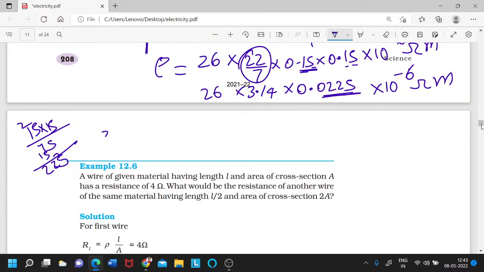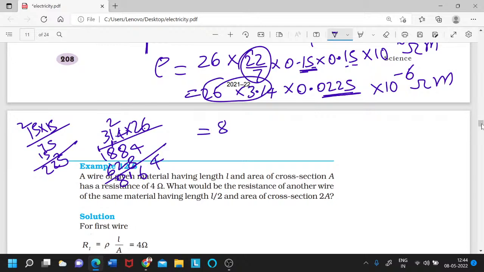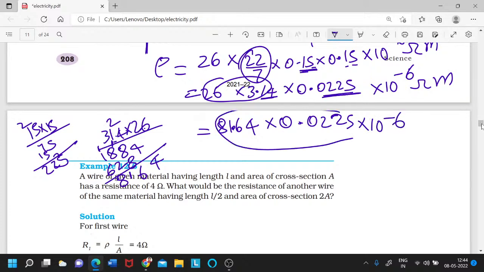So 314 into 26 together will get 8164 with 2 decimals. Together this will get 0.025225 into 10 power minus 6. Now this multiplication.